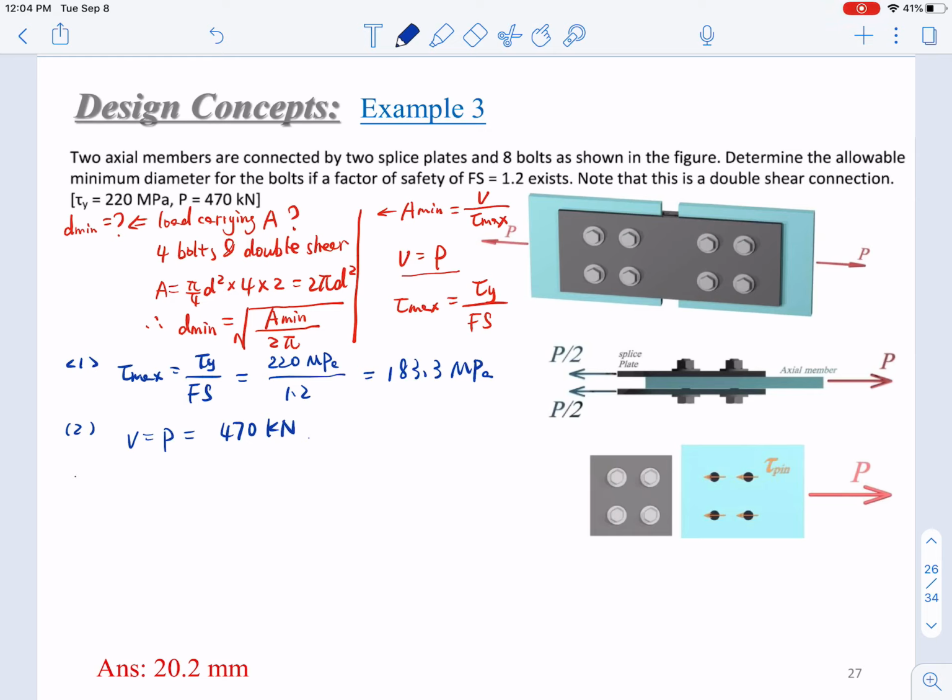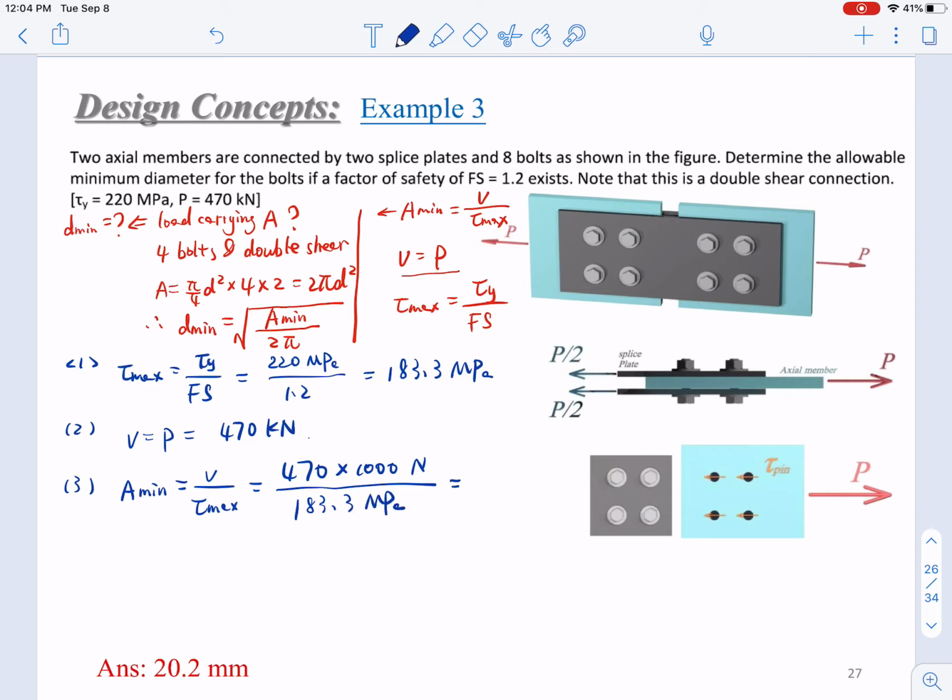And the minimum area will be calculated from V over tau max. That is 470,000 Newton over 183.3 MPa.